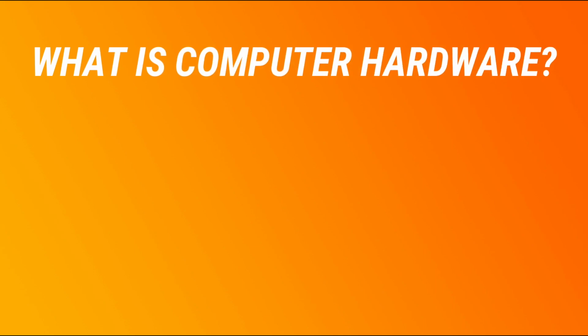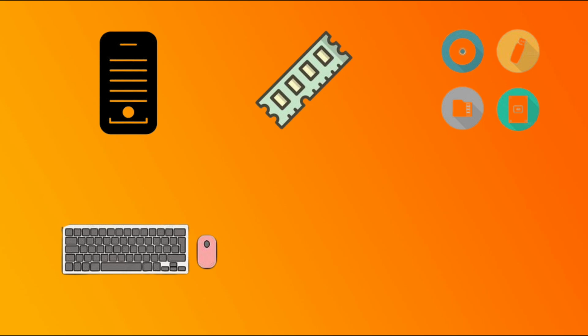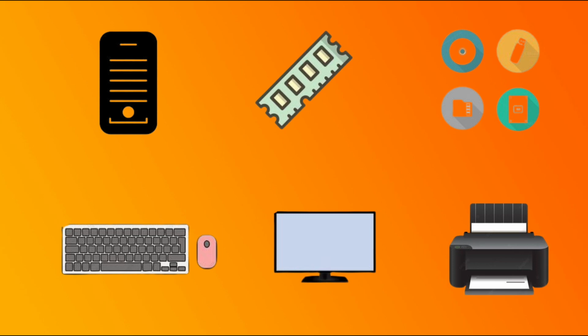Now, what is computer hardware? It is a physical component of a computer system which you can touch and feel. It includes the brain of a computer, a CPU, central processing unit, random access memory, which is your RAM, storage devices such as hard drive and SSDs, input devices such as keyboard and mouse, output devices such as monitor, printer, and other peripheral devices.